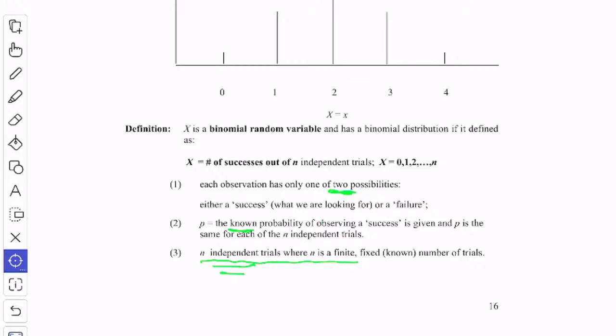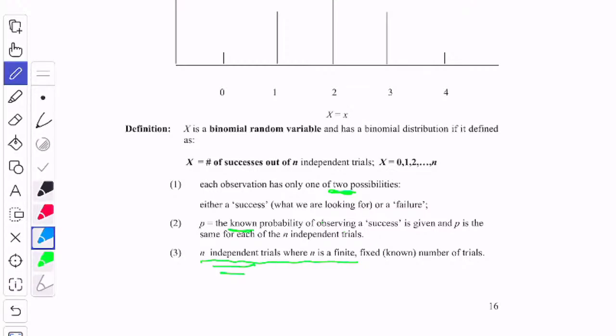So if a phenomenon has these three properties, or criteria, and it is discrete, it's a count of the number of successes in n independent trials, where the outcomes possible are 0 successes, 1 success, 2, all the way up to n successes. So there's n plus 1 possibilities.